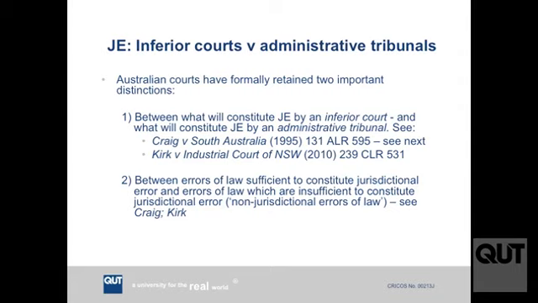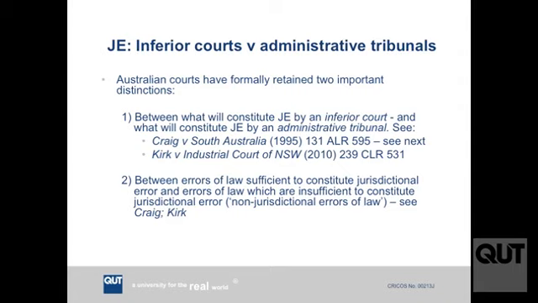This also comes down to the separation of powers. The role of the judiciary under the Constitution is separate and distinct from the executive and tribunals. Authorities for this are the cases of Craig and South Australia and Kirk, and we'll look at the case of Craig and South Australia in a moment.